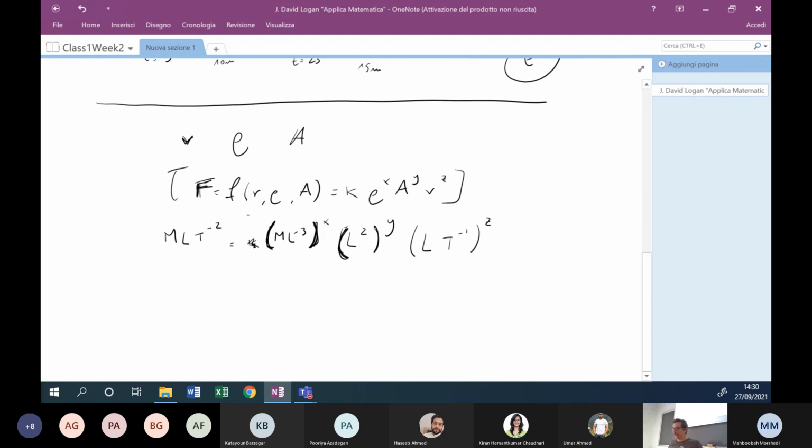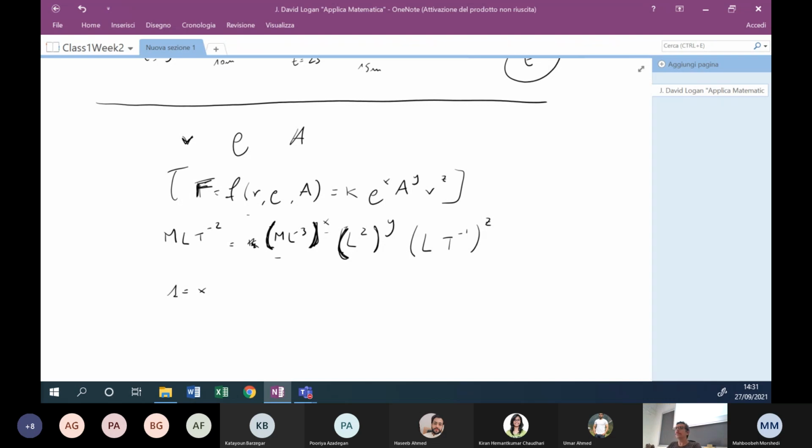Okay? So let's compare the left-hand side and the right-hand side. The left-hand side, mass is appearing with the power 1. On the right-hand side, I have mass which is appearing with the power x, which already tells me that x must be equal to 1.